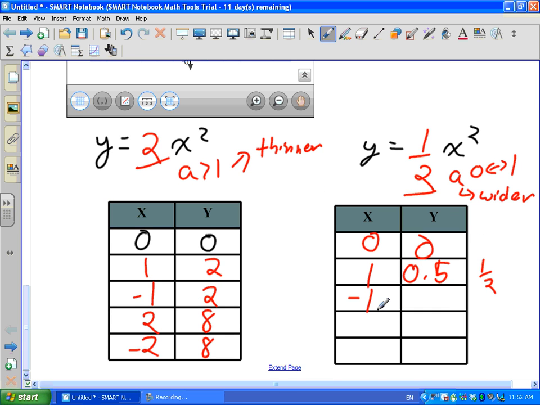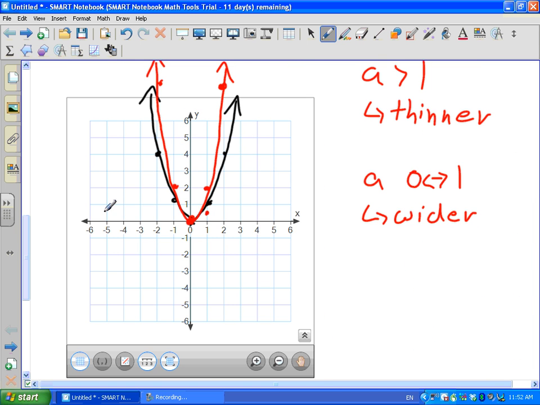Let's do it with negative 1. X is negative 1. Negative 1 squared is 1 times a half, 0.5, or otherwise known as a half once again. So I go to the left 1, and I don't go up 1, I only go up a half in this instance.